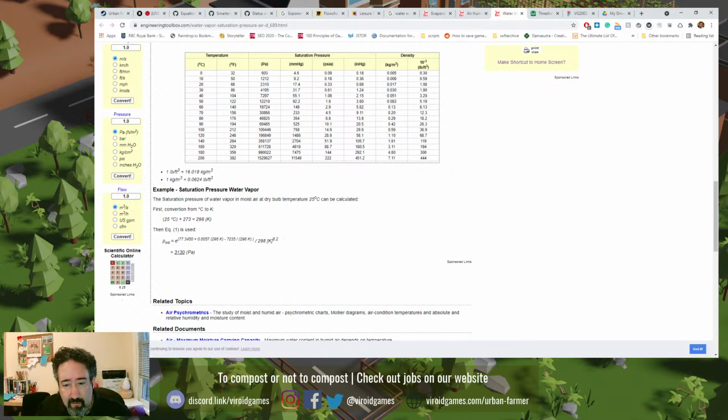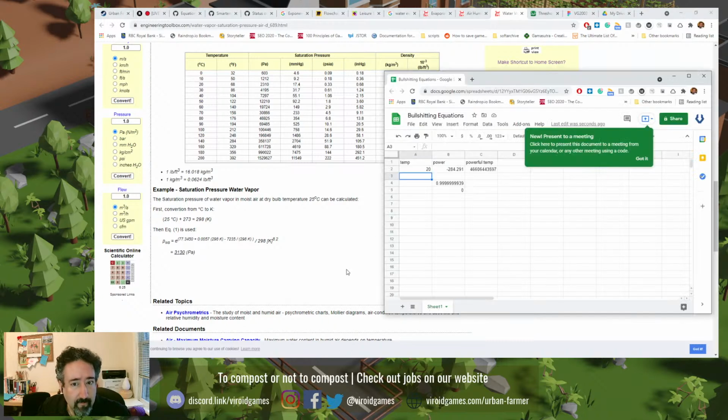Which means this. Where is Google? Insert one left. We'll do Celsius. Kelvin is going to be what you see here plus 273.